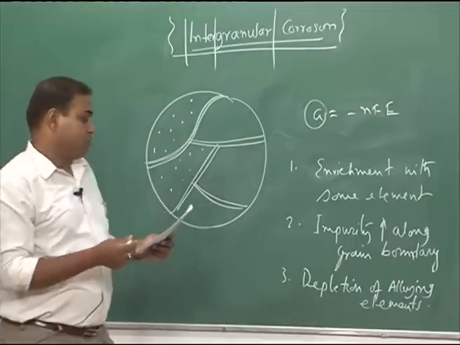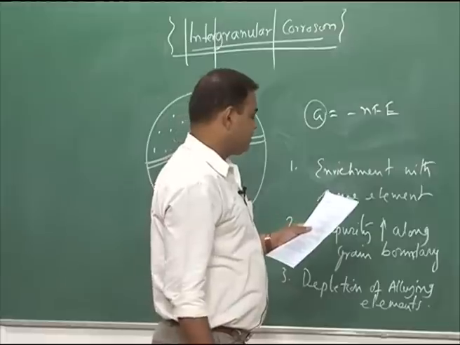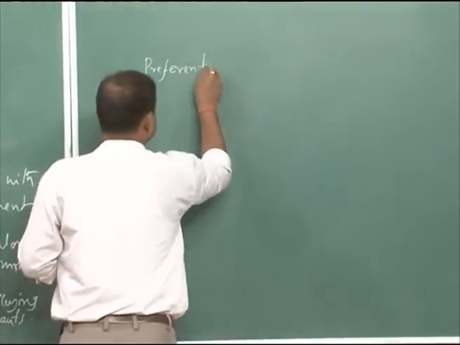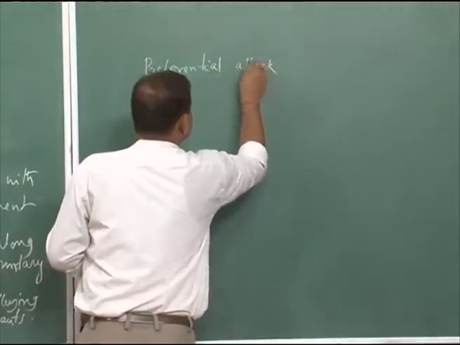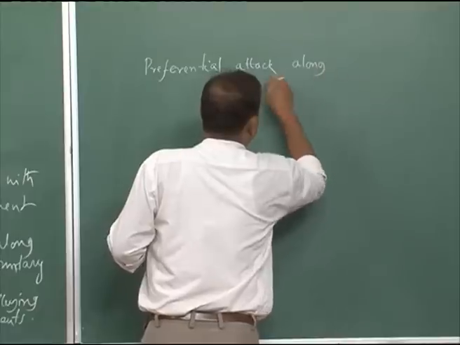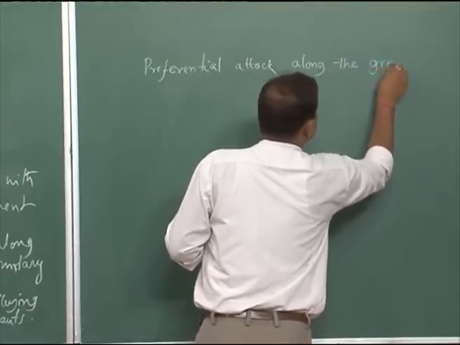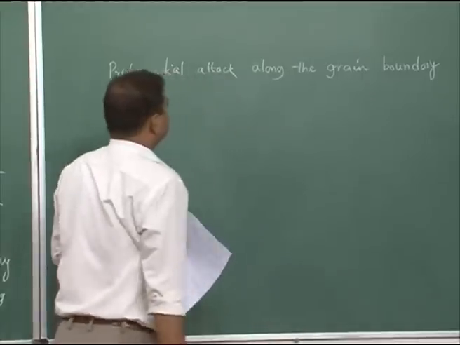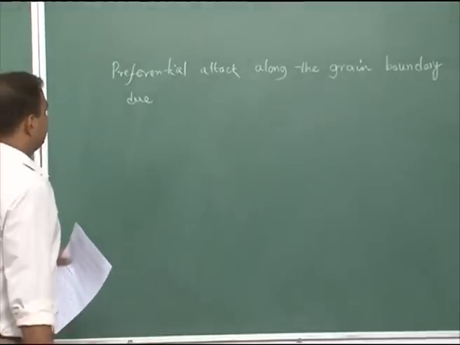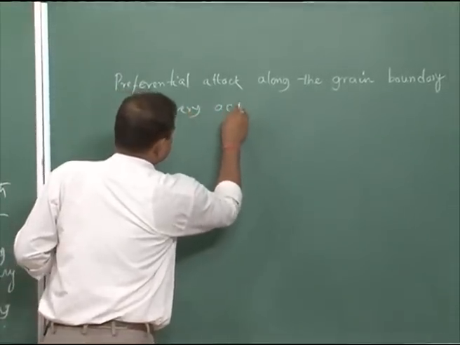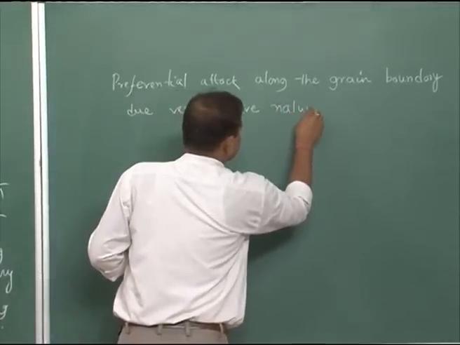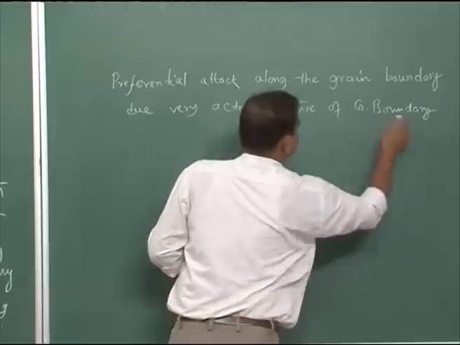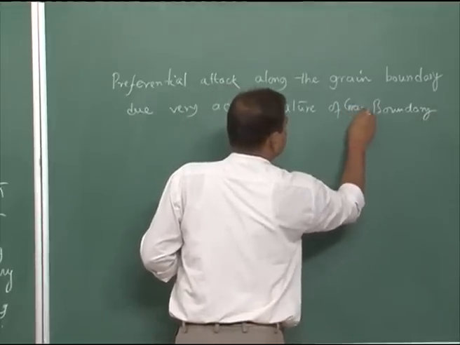So, the definition of intergranular corrosion is basically the preferential attack along the grain boundary due to the very active nature of the grain boundary.